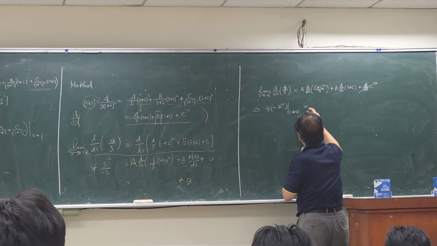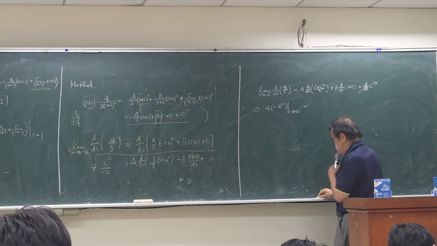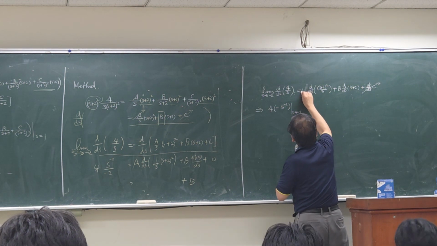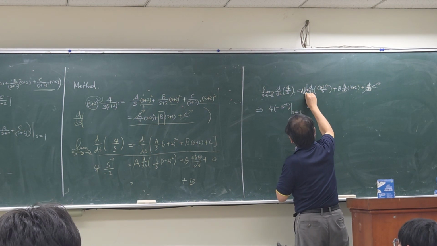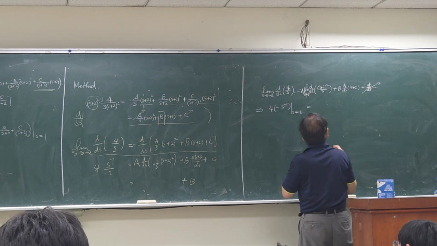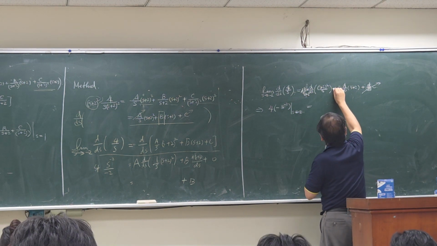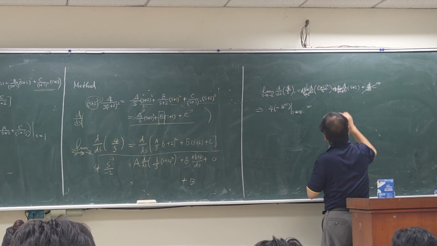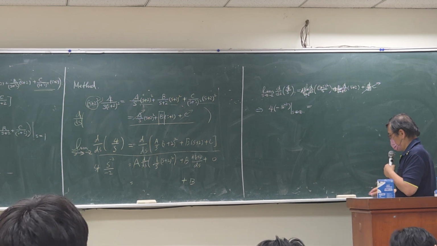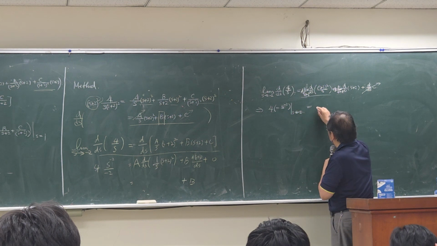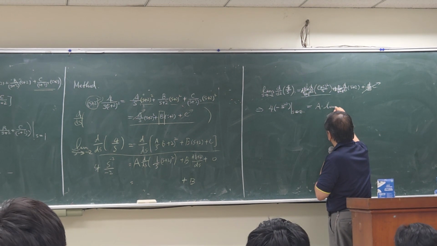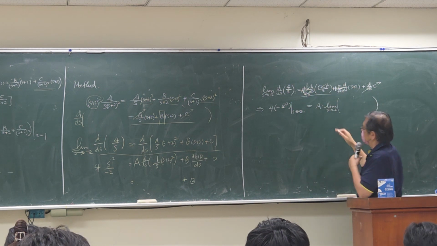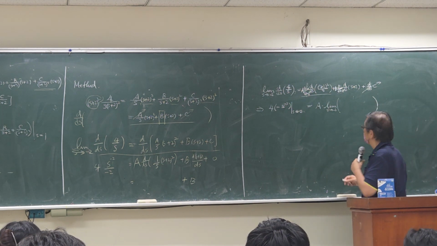And then what about this? Sorry, I have to take the negative. A times the limit as s approaches negative 2, minus B times the limit as s approaches negative 2. What is the differentiation of this thing?